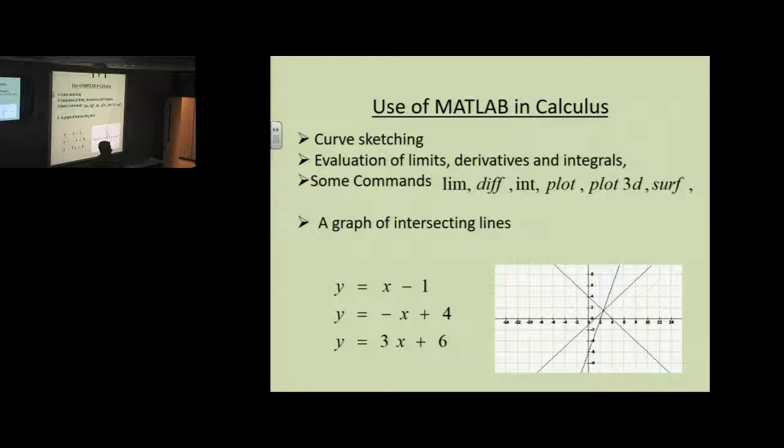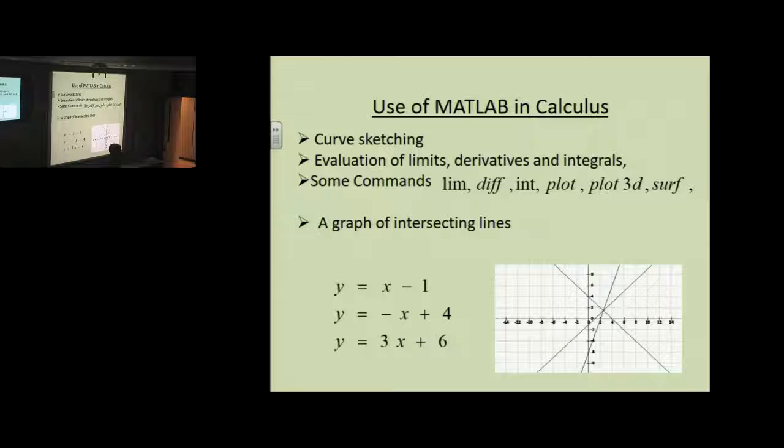Even L'Hopital's rule is incorporated, so if we have any function, we just write the syntax of the lim command and press enter, and we get the result, also in symbolic form. MATLAB doesn't only give us numeric data, but also symbolic results.